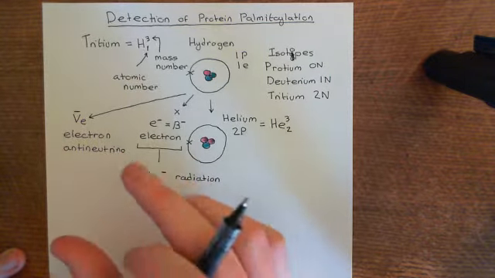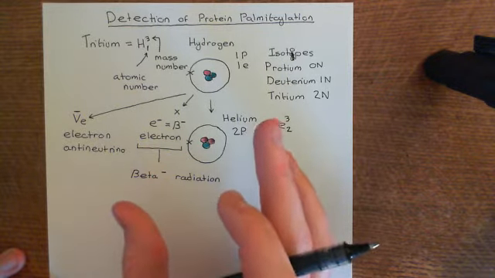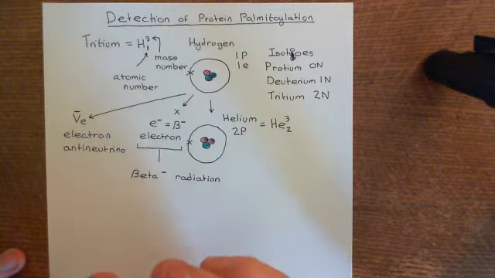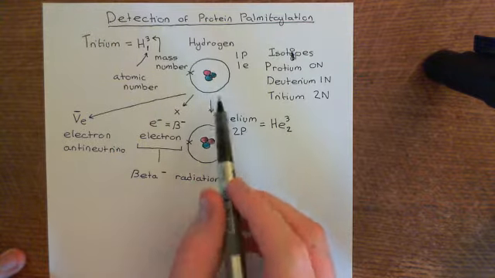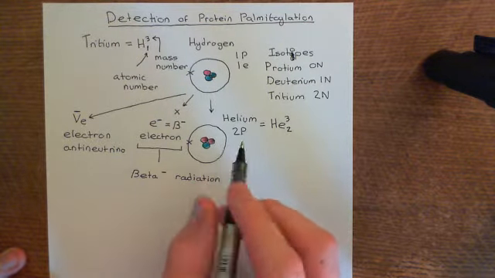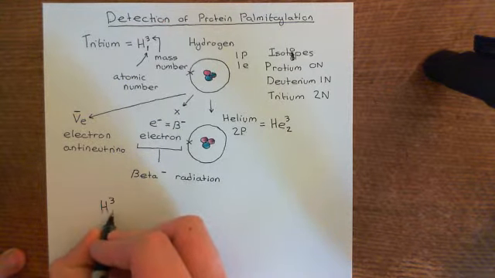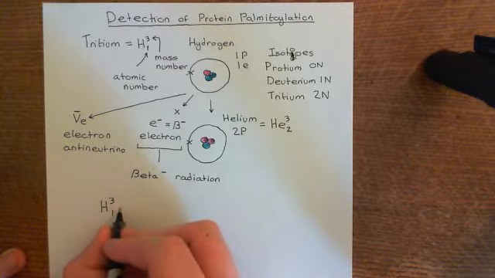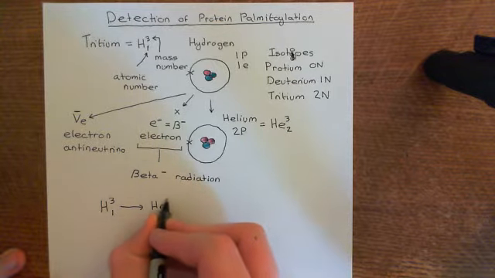So we're going to detect these electrons that are coming off the tritium atoms. If you've got a huge number of tritium atoms, not all of them will be decaying at once, but a handful of them will be decaying. It's effectively spontaneous when a tritium atom decides to decay into a helium atom. If we write out the entire formula, we start off with hydrogen, and I'll put the mass number as well as the atomic number, and it will decay down into helium like so.